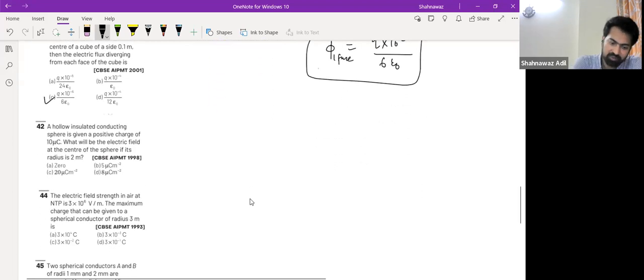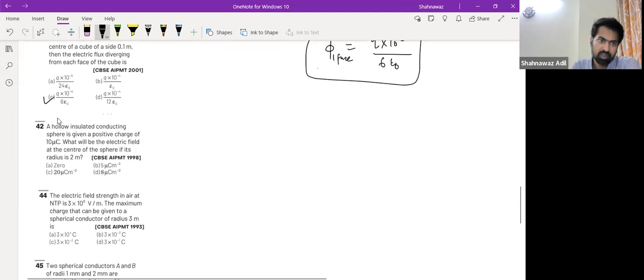Okay, very tough question. A hollow insulated conducting sphere is given a positive charge of 10 microcoulomb. What will be the electric field at the center of the sphere if its radius is 2 meters?